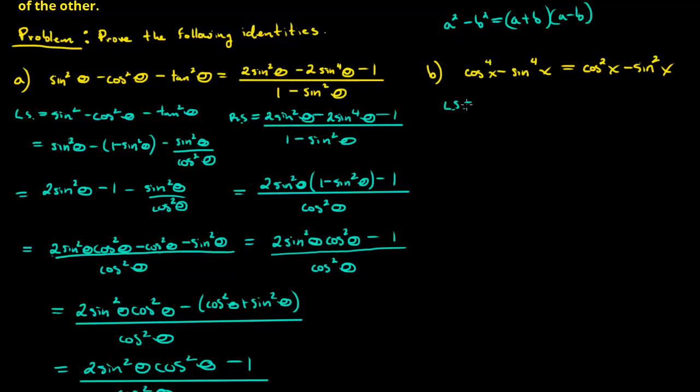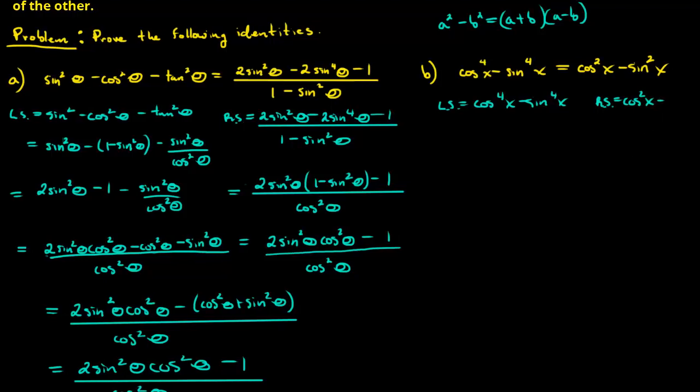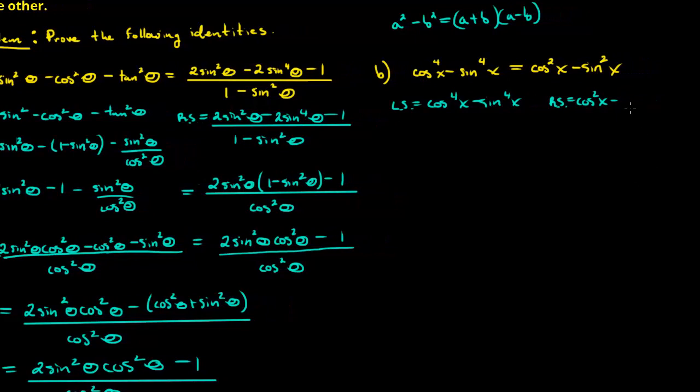So first off, let's write out: the left side is equal to cos to the power of 4x minus sine to the power of 4x, and the right side is equal to cos squared x minus sine squared x. On the left side, because it's a difference of squares, this factors to cos squared x plus sine squared x times cos squared x minus sine squared x.